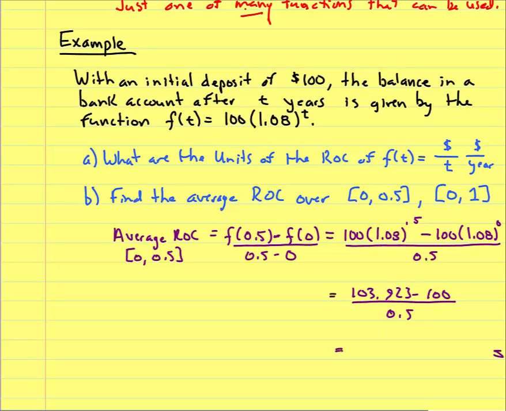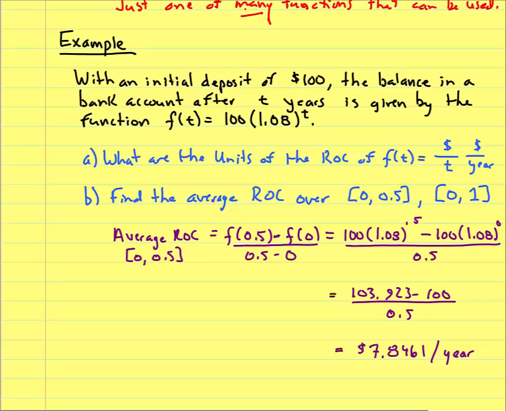So this one is equal to $7.8461 per year. Okay, so if I look at the time interval, my average rate of change between the time I invested the money and a half a year later, this is about what I would see for my average change in my account. So this is looking at my increase. So this would be $107.85 or something like that.